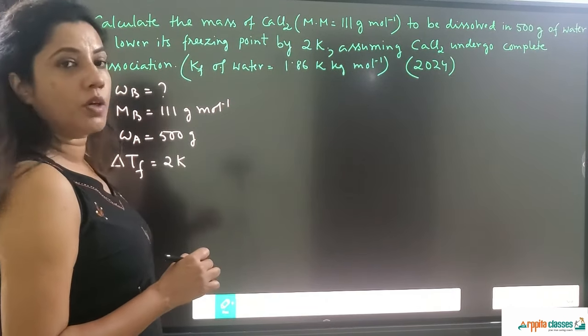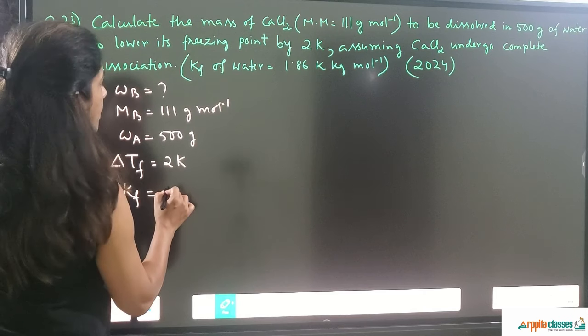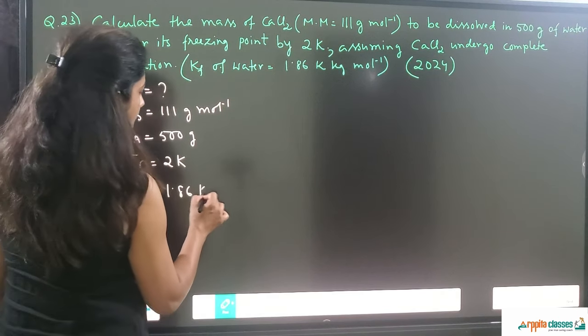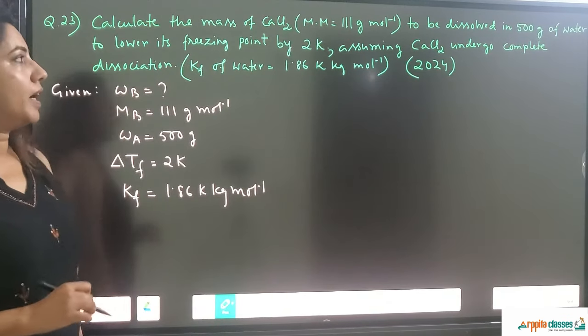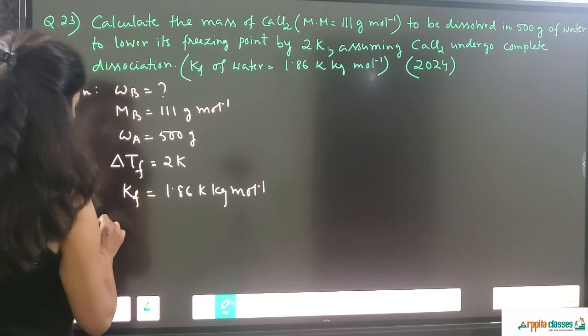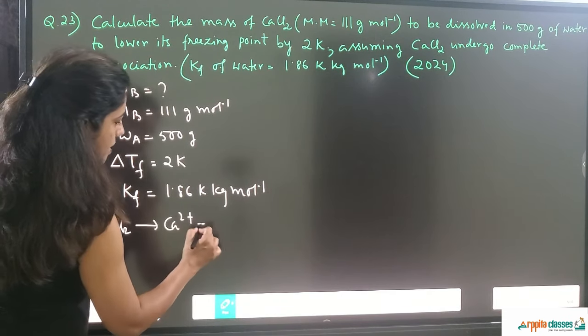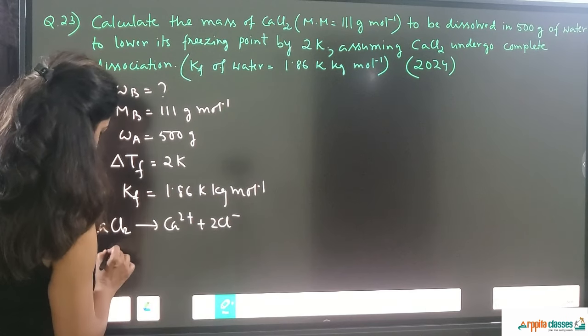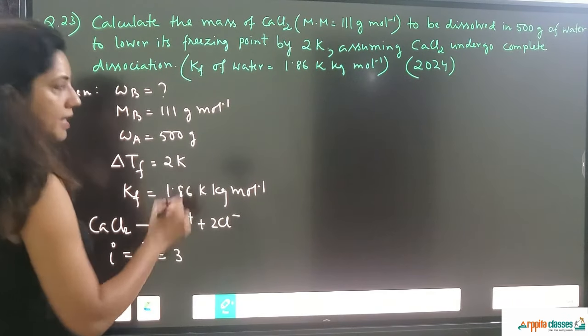Assuming CaCl2 undergoes complete dissociation and Kf is equal to 1.86 Kelvin kg per mole. Okay, CaCl2 undergoes complete dissociation, that means CaCl2 gives you Ca2 plus and 2Cl minus. In this case, I is equal to 2 plus 1, 3, divided by 1, that is 3.